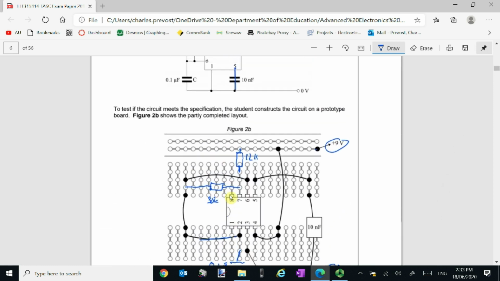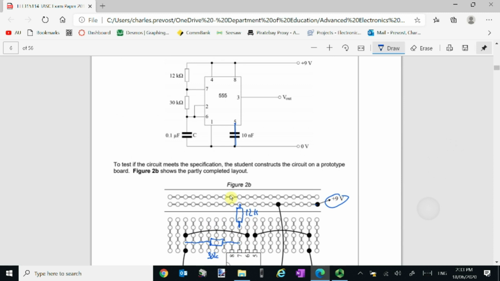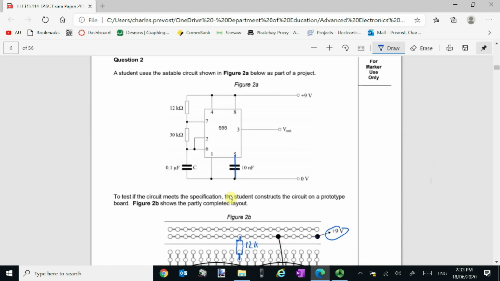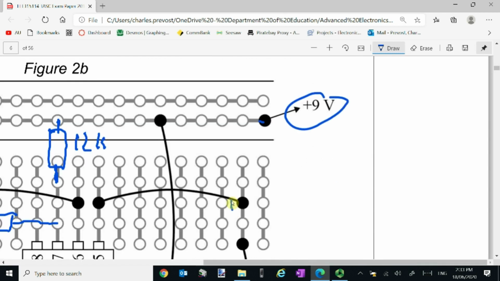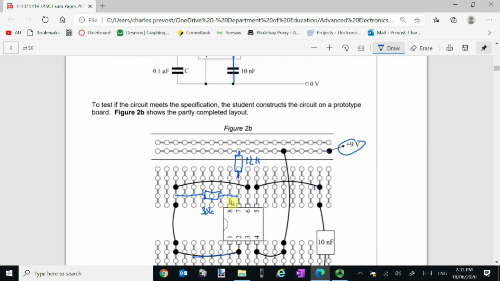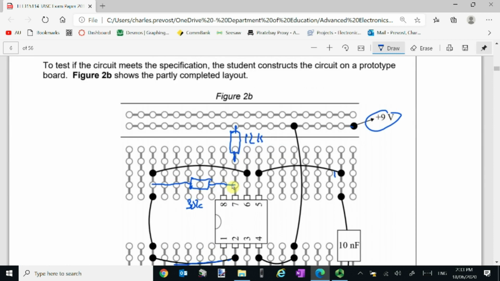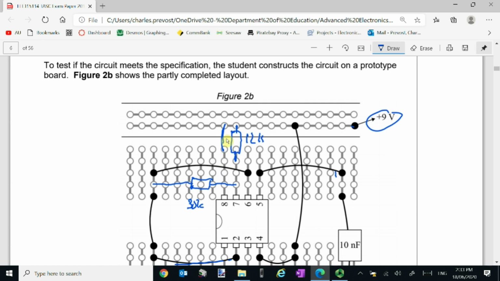And just to check to make sure we're not missing any wires. So pin 8 on this diagram is not connected. That's connecting to positive. You can see pin 8 here. I can connect that up to positive.